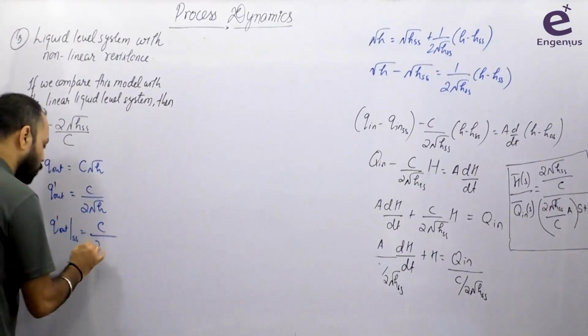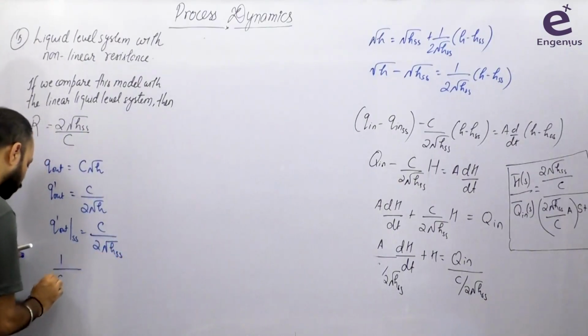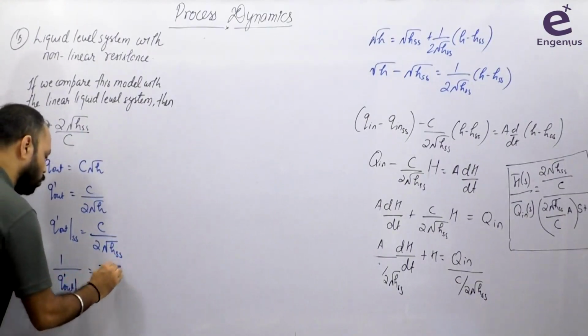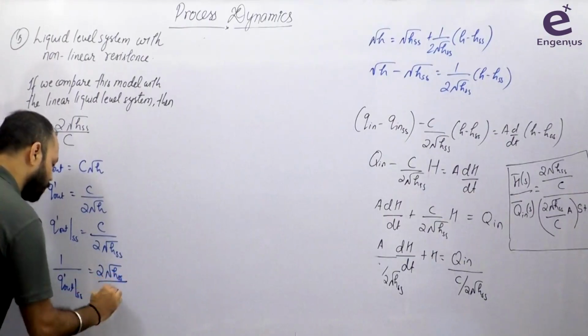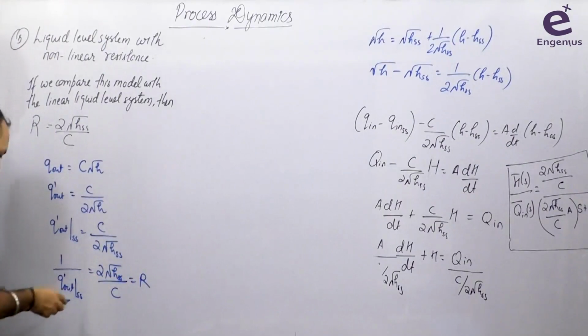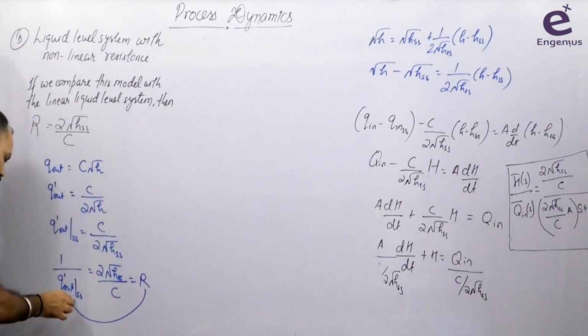That is C by 2 root HSS. Can you tell me the reciprocal of Q out dash? Dash means derivative, I am repeatedly saying. At steady state that becomes 2 root HSS by C, and this is exactly the resistance. Fine. So can I say that R can be found directly from here?